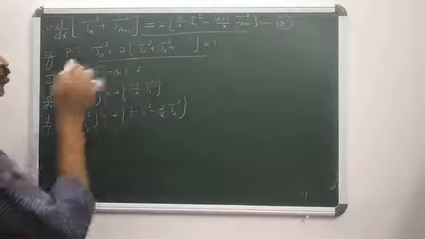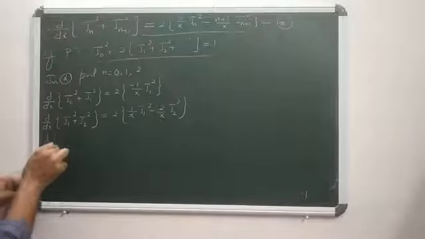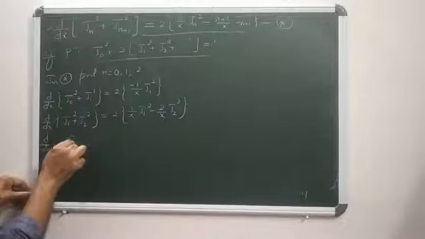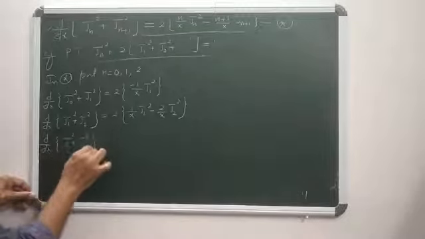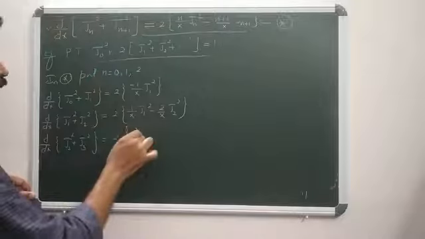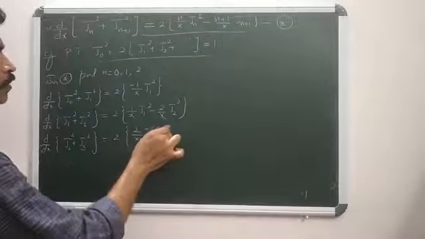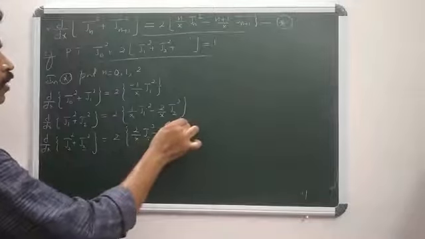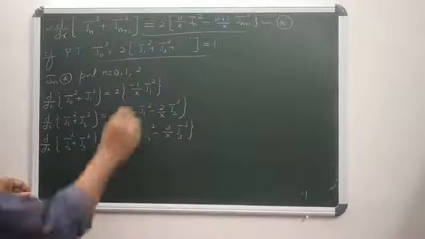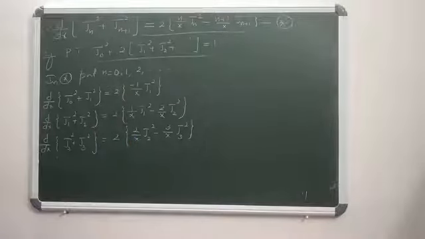When n equals 2, what do you get? It is d by dx of J2 square plus J3 square equals 2 into, it is 2 by x J2 square minus 3 by x J3 square, and so on, etc. Okay.